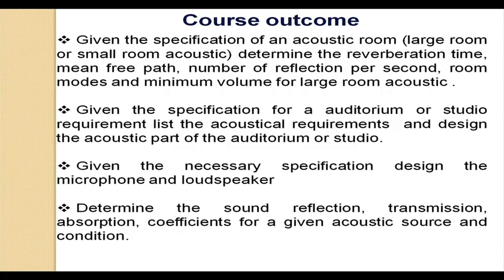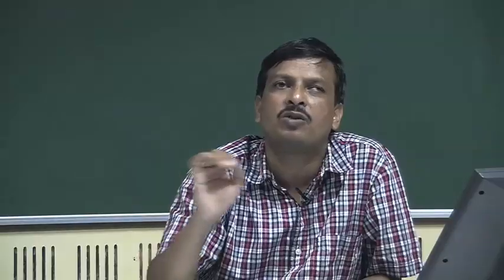The intended skill at the end of the course should be: given the specification of an acoustics room, suppose I provide you a specification of an acoustics room, you should be able to determine the reverberation time, mean free path, number of reflections per second, room node, minimum volume for large room acoustics, all the acoustics parameters you should be able to calculate if the specification of an acoustics room is given.